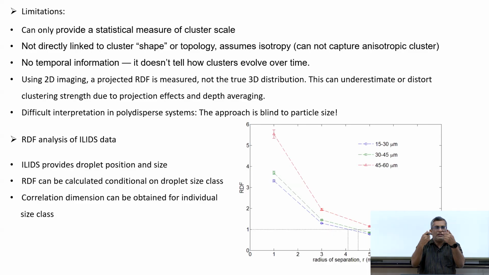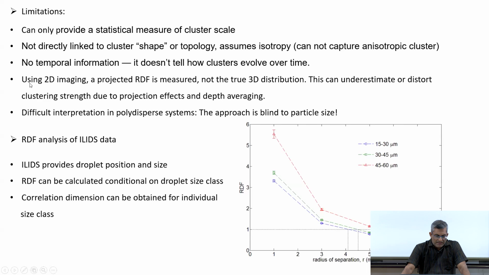So, you enforce or assume isotropy, and that is the reason we have no idea about the topology of a cluster. If you have an anisotropic cluster, let us say a long slender cluster, then the size that you get will not be correct. And we do not get any temporal information. We do not know how clusters evolve with time.